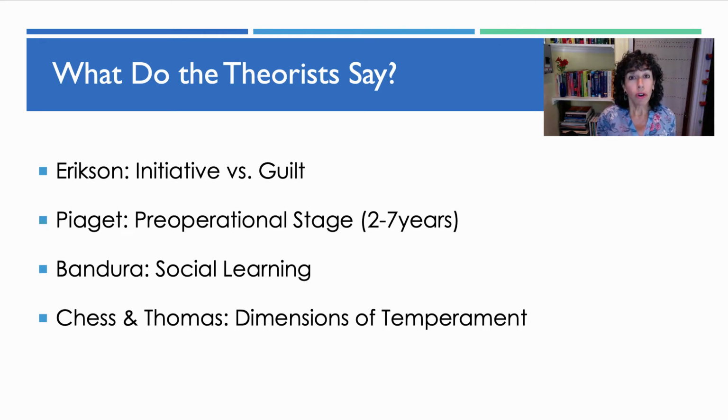As I've said in earlier videos, it's important to understand development through the lens of various different theorists. And so our theorists today are Erikson, who we visited with before and looks at psychosocial development. He says that this stage is characterized by initiative versus guilt.